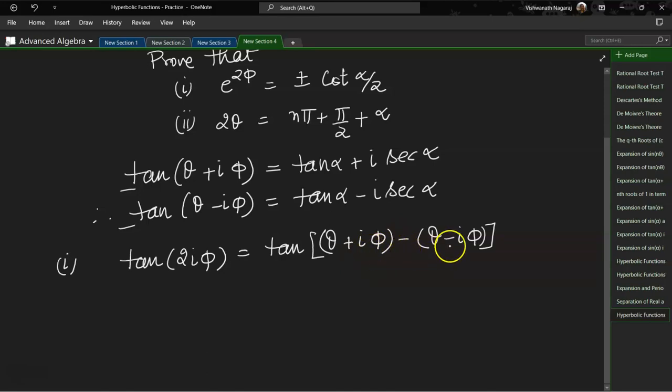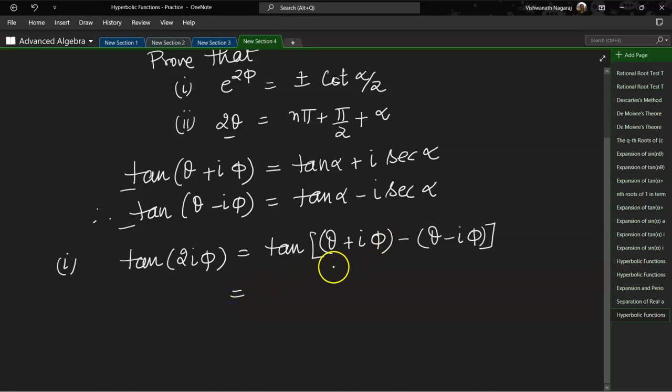This i phi plus i phi will get 2i phi. Theta will disappear. If we had taken plus, then i phi would have disappeared and we would have been left with 2 theta. That 2 theta we will be using for the second part of this problem. So here we are taking it as minus.